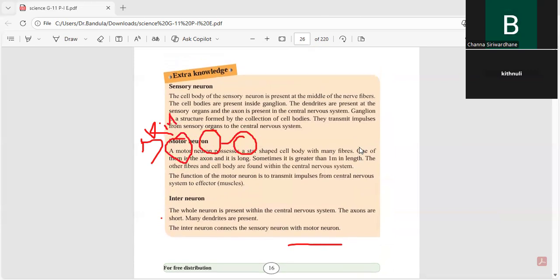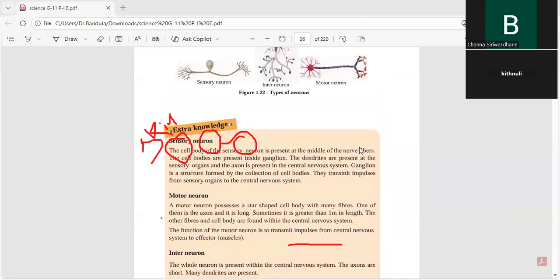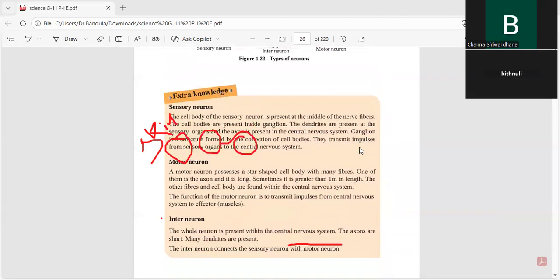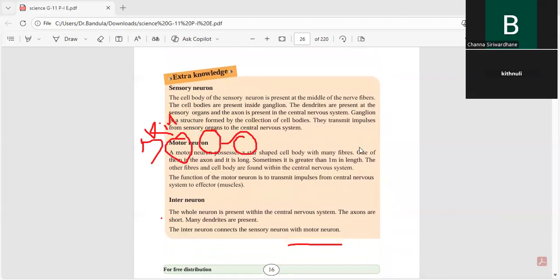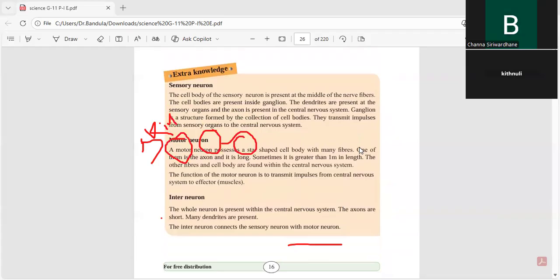Now you know there are 3 types of muscles. When we say muscles, it covers all 3 types. Right.